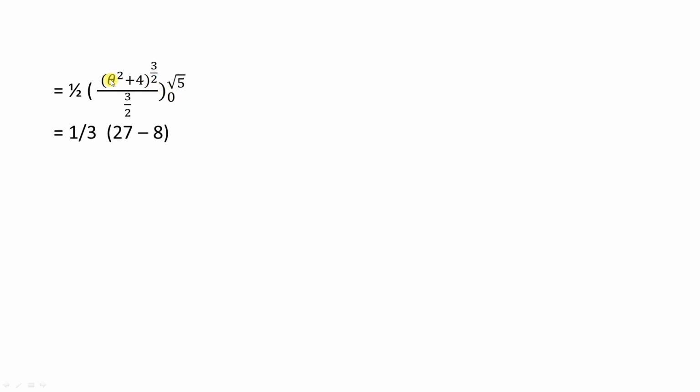Putting theta equal to 0, we get 4 to the power 3 by 2, the square root of 4 whole cubed, that is 2 cubed, 8. So 27 minus 8 times 1 by 3 is 19 by 3. The required length of the given spiral is 19 by 3 units.